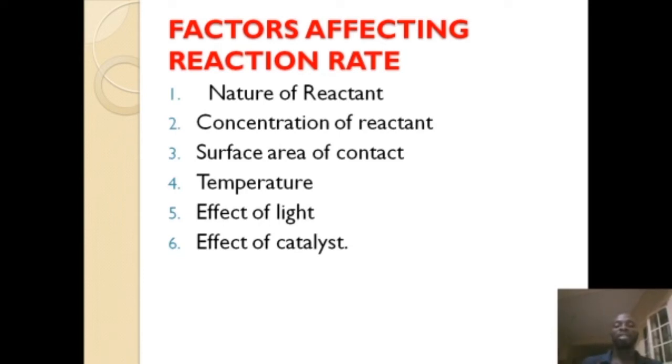But because the noodles are softer than rice, once you start cooking, before the rice will even start boiling, your noodle is already set for eating. So the nature of the noodle affects the rate of the reaction.